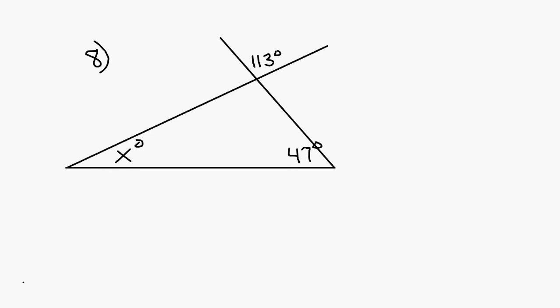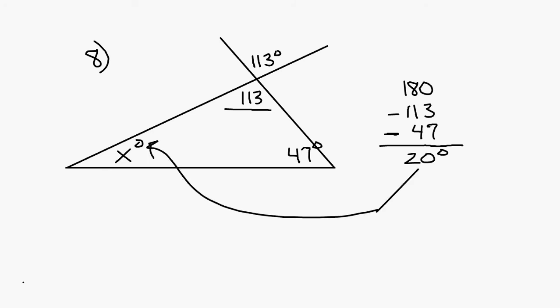Vertical angles are congruent, right? So if that angle's 113, what's this angle right here? Good, 113. Okay, so if you take 180 and you subtract 113 and you subtract 47, what's left? 20 degrees. And that's your value of x, because the 3 on the inside have to add up to 180.